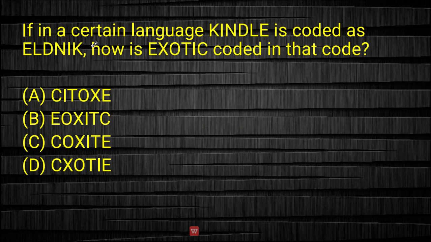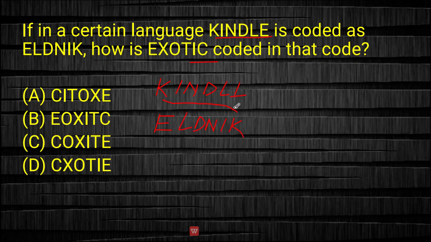Next question. If in a certain language this is coded as this, how is this coded in that code? So this is very easy. At first you have to write down KINDLE, and then this is the matching. So in what way are they related?